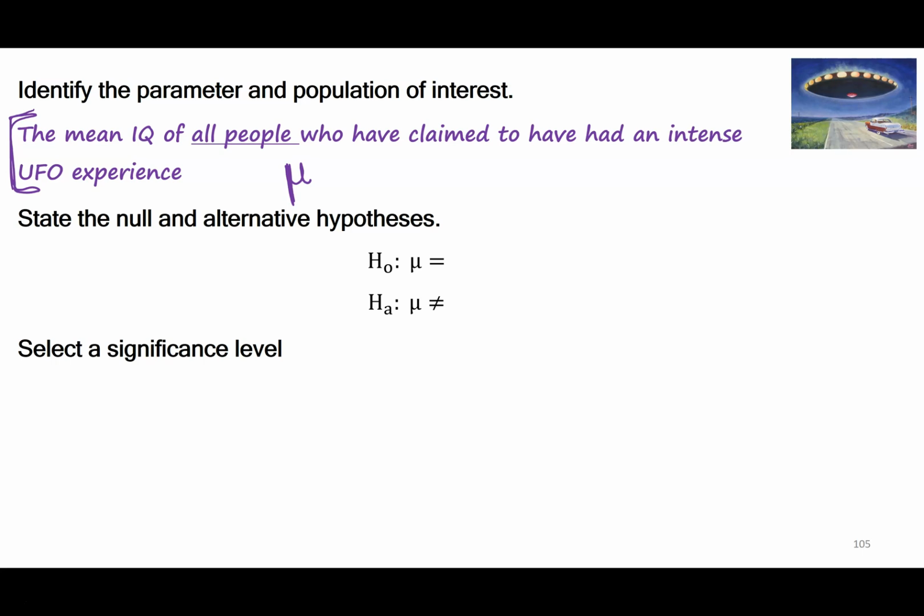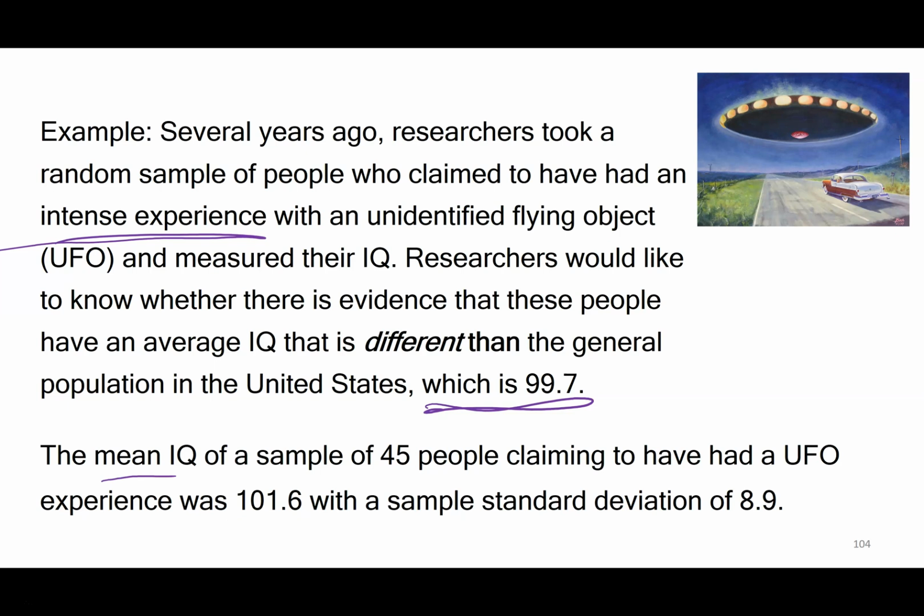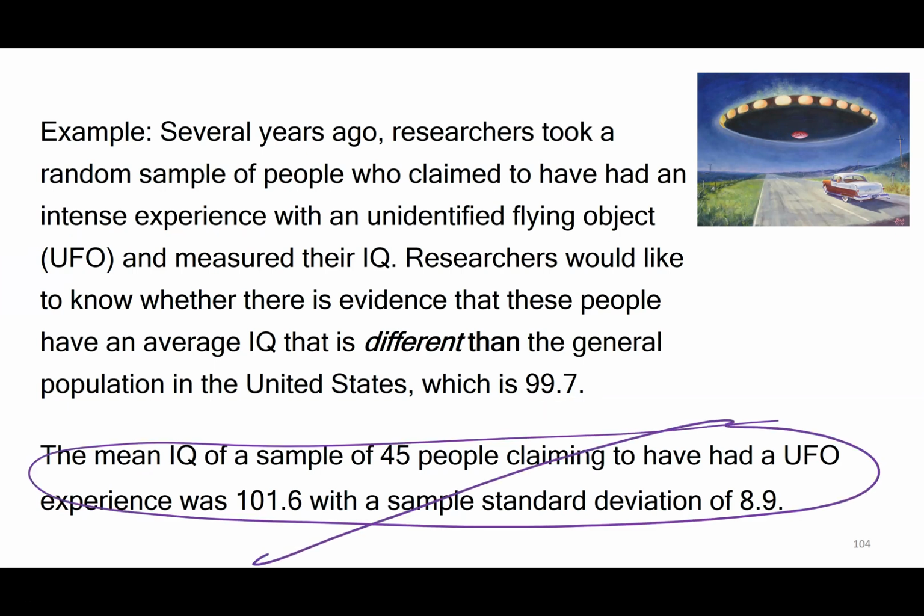So state the null and alternative hypotheses. So it's going to be a mu equals in the first one, because we want to know about this population mean. And the value has to be a value that didn't come from the sample. So looking back real quick, when I write up my hypotheses, I should not use this. It doesn't mean throw this away, but this does not go in my hypotheses.